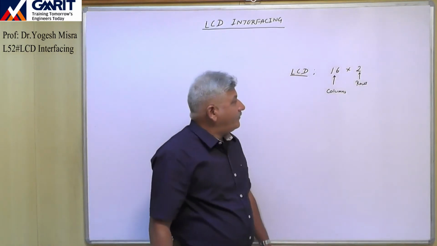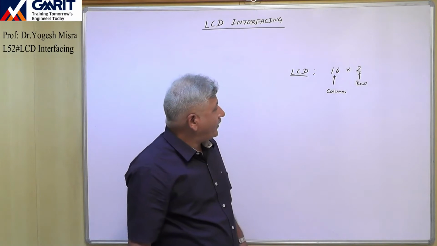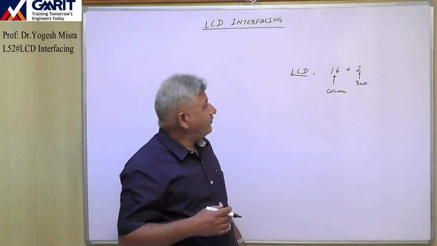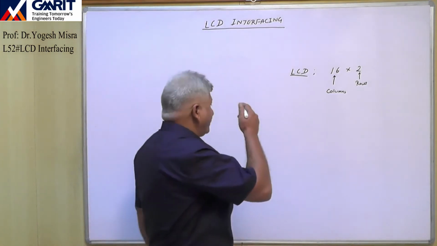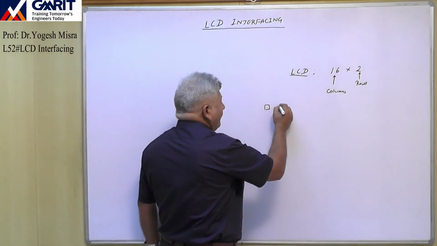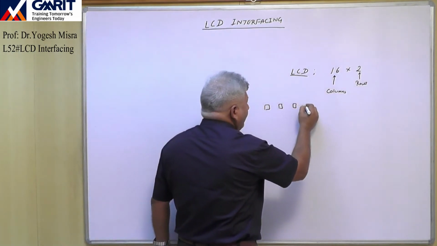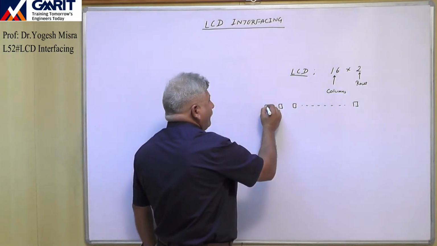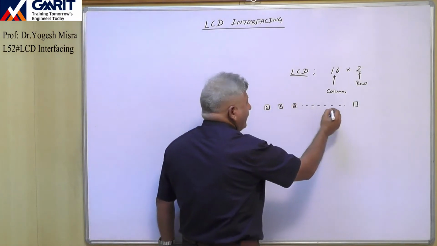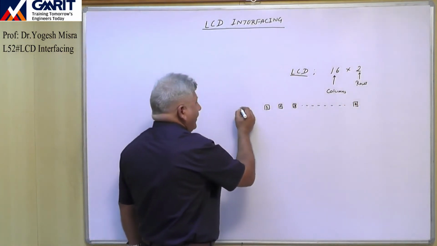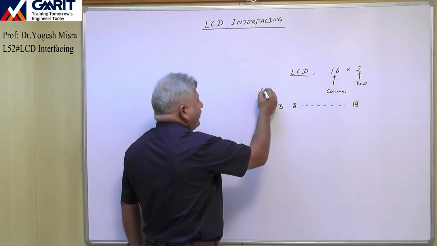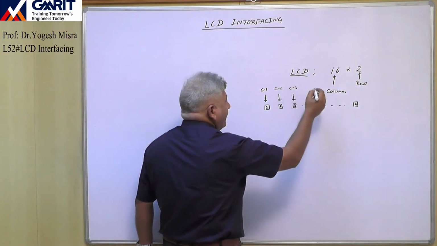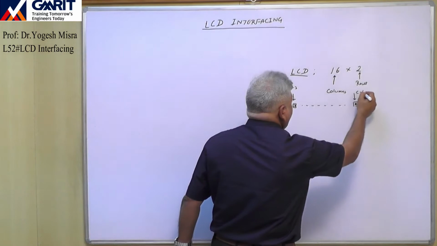So to display the numbers or characters, whatever you want to display, in this LCD there are 16 columns and 2 rows like this. This is column number 1, 2, 3, and this is 16.